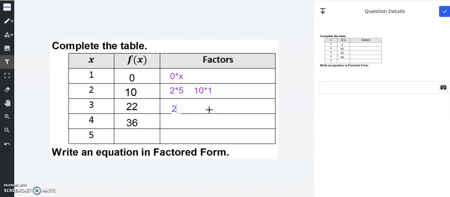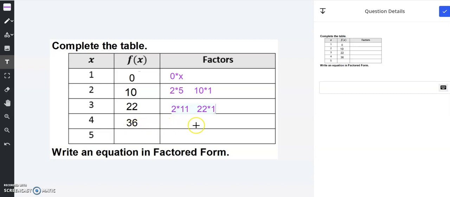It could be 2 times 11, or it could be 22 times 1. So it's not going to be 10 times 1, 22 times 1, but we can see this 10 times 1, 2 times 11 pattern developing. 1 and 2, 10 and 11.